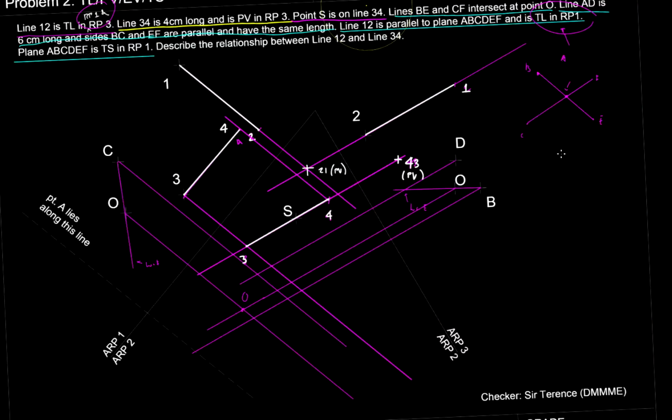So, meron kang plane na nagko-contain sa kanila, and this is actually a hexagon, no? So, if you have a plane that contains all of them, there is no way na itong point O is not belonging to the same plane, no? Given that it is part of BE and CF. Tama? Parang impossible na this is a point floating outside of this plane ABCDEF. And therefore, si point O is also a part of this plane.